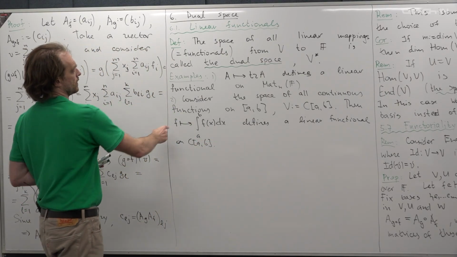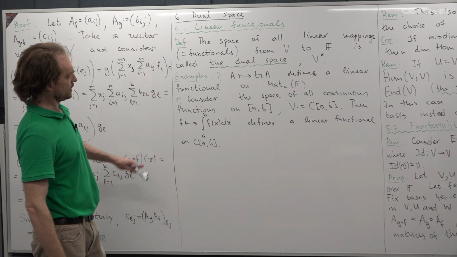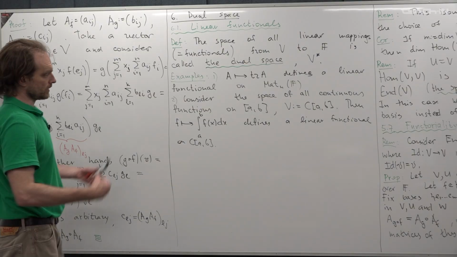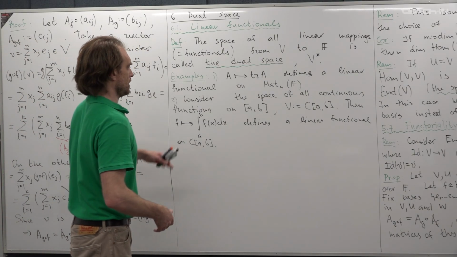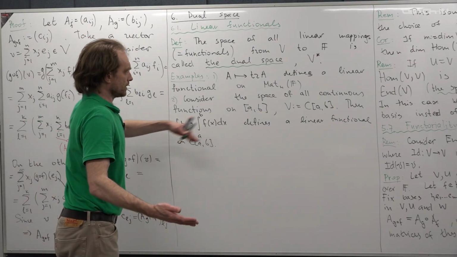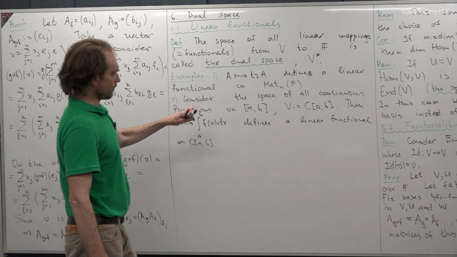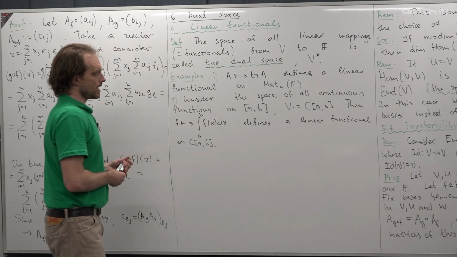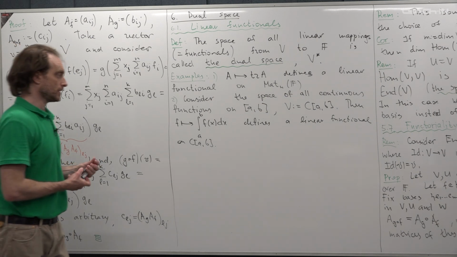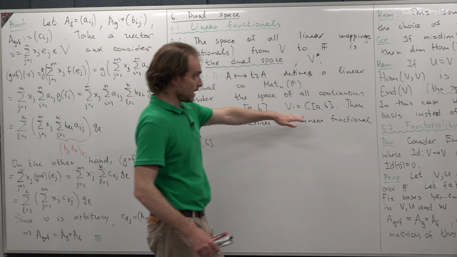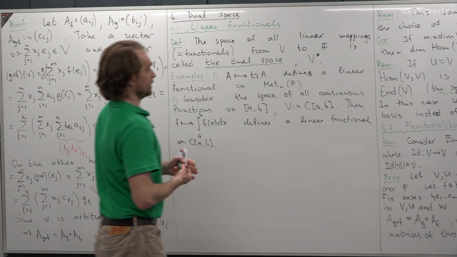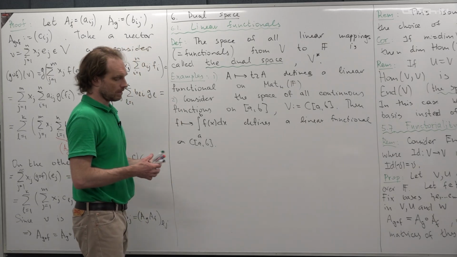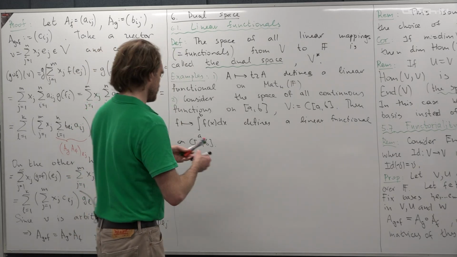So here f is a continuous function, and we integrate this continuous function over the interval from a to b. We get some number, a real number, and so we get a linear functional from the space of continuous functions to the space of real numbers. And of course this vector space is infinite dimensional, but so we have an example of a linear functional on an infinite dimensional space.